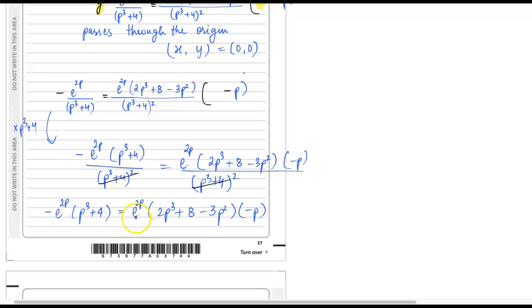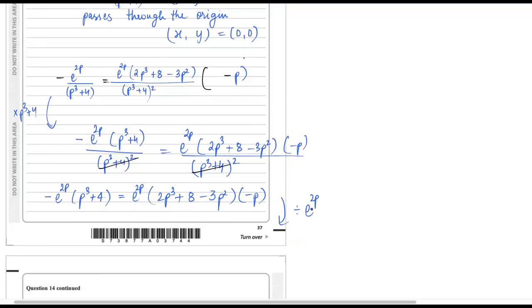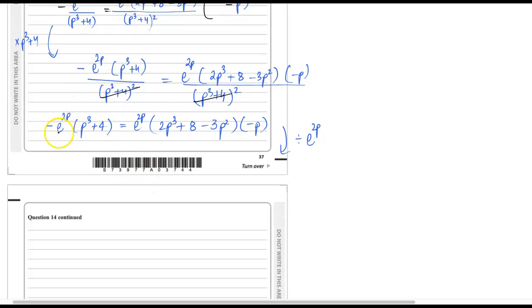Okay, so if we divide the equation by e to the power 2p, these two cancel. We will be left with a negative p cubed plus 4, that is going to be equal to a negative p, 2p cubed plus 8 minus 3p squared.